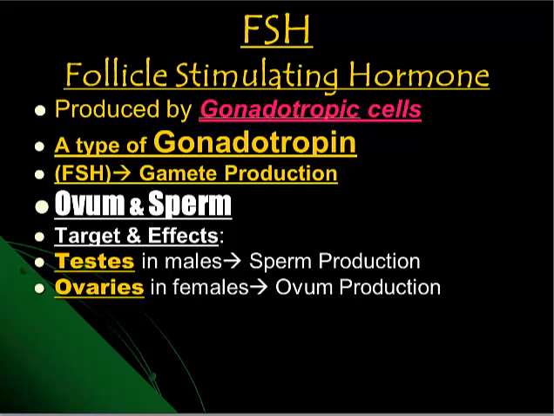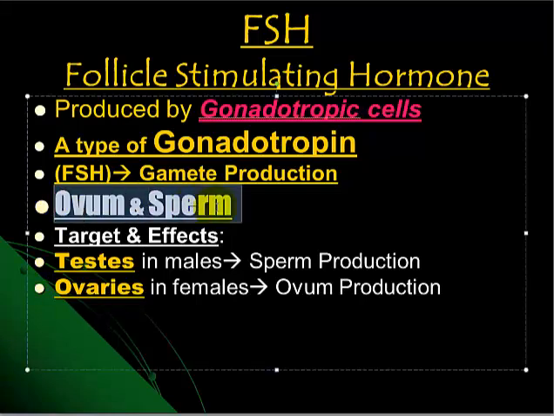The other gonadotropic hormone is called follicle stimulating hormone. So again, these two substances come from the anterior pituitary or adenohypophysis. And FSH in both sexes affects the production of gametes, which is a fancier way of saying sex cells. And the two sex cells that we're talking about would be male spermatozoa and the female egg, known as an ovum singular or ova plural.